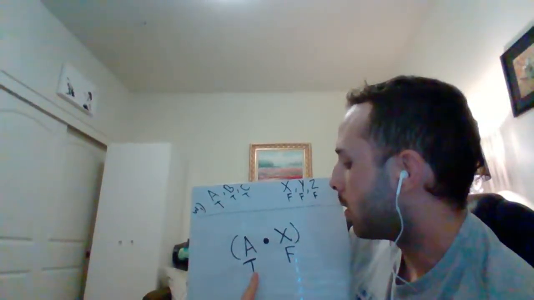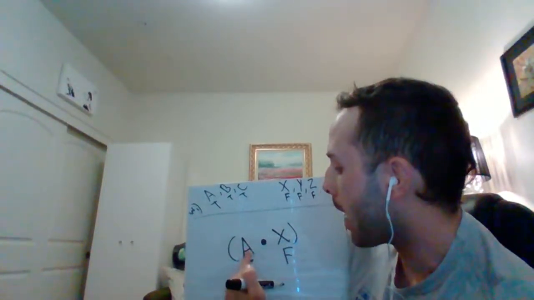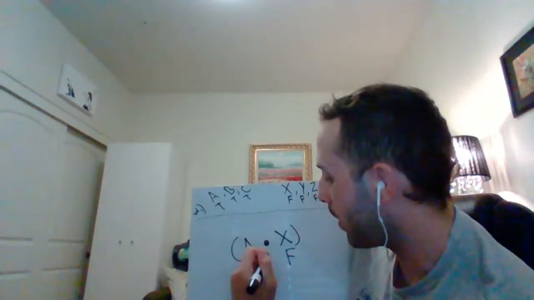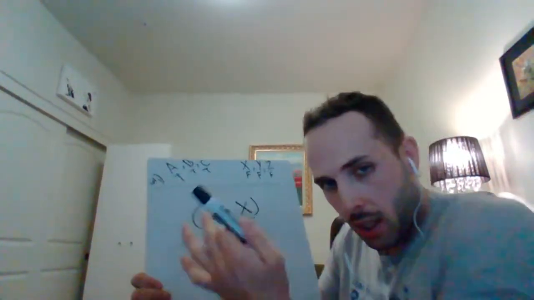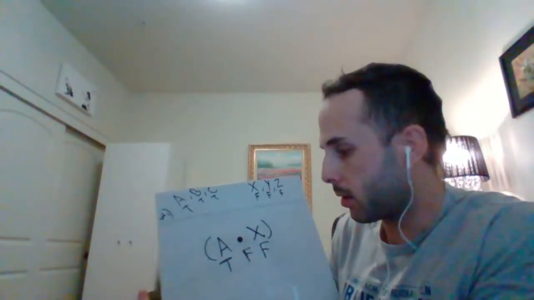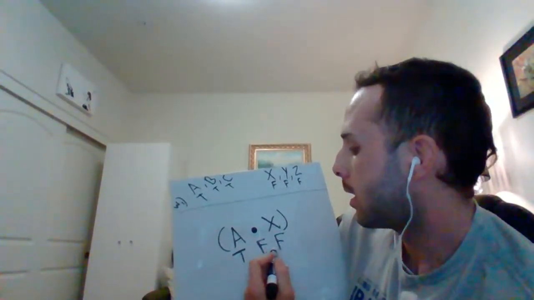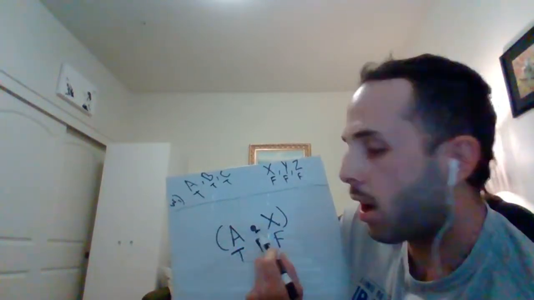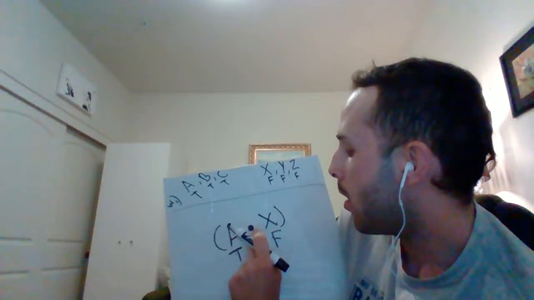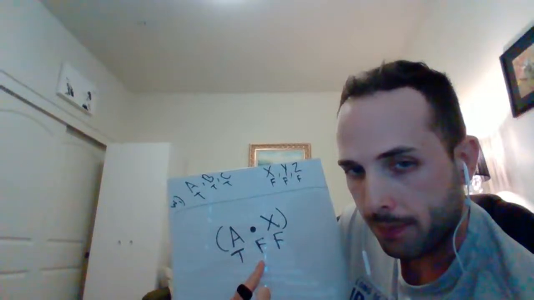So if A is true and X is false, the statement A and X is going to be, by definition, false, right? And this is why we're going to call this a function. It's just like a function in your basic algebra class, I mean in junior high. If I input T and F into this functional operator, the operator is going to give me an F as an output.